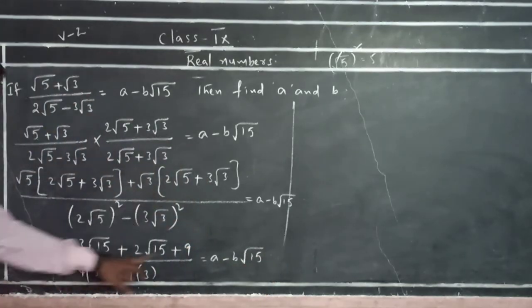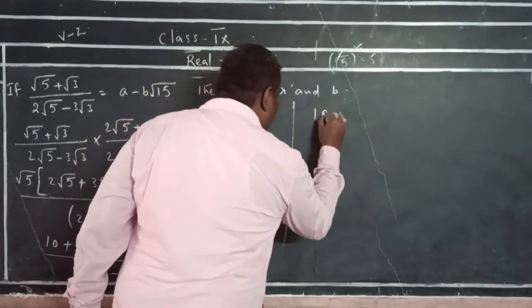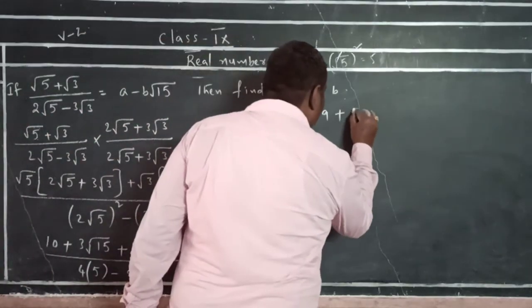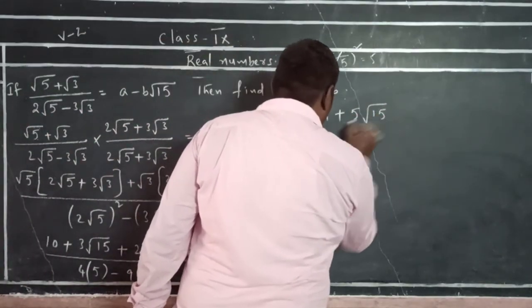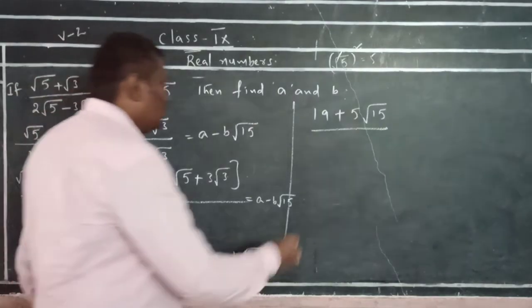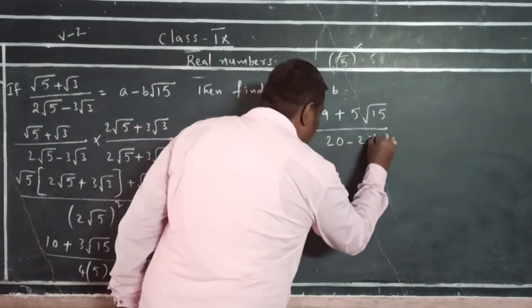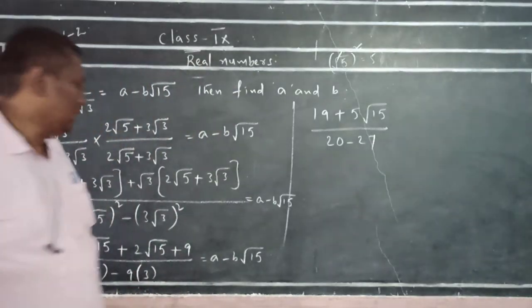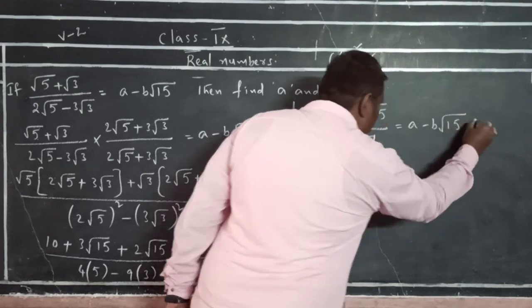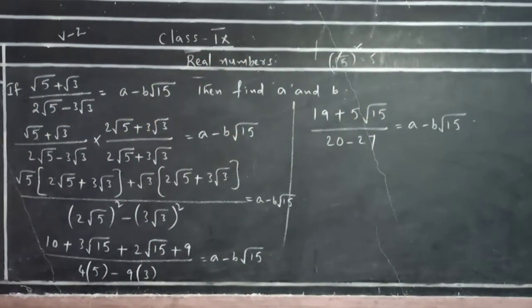Okay, here 10 plus 9 is 19, plus both are root 15, 5 root 15, by here 20 minus 27, 9 into 3 is 27, equal to a minus b root 15. You understand?